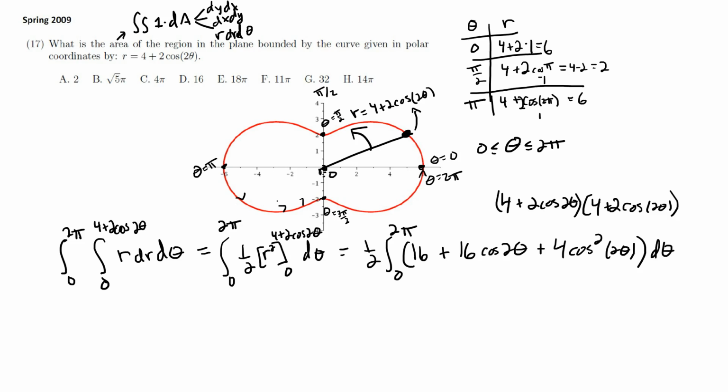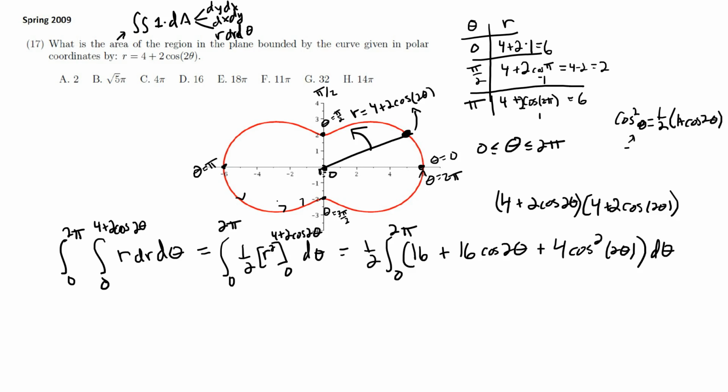To integrate cosine squared, you have to use a half angle identity. In general, the cosine squared of theta is 1/2 of 1 plus the cosine of twice theta.